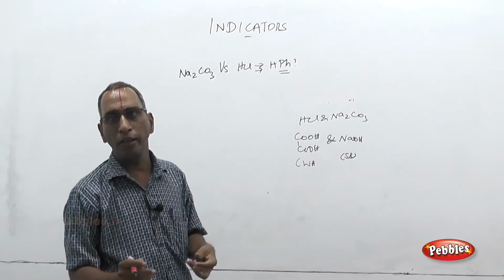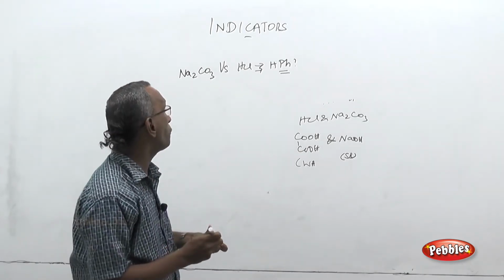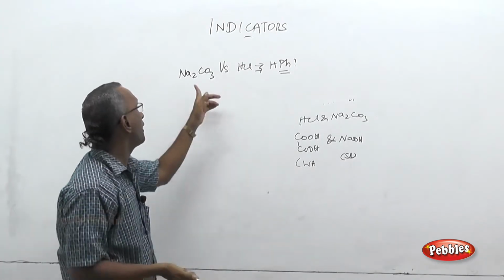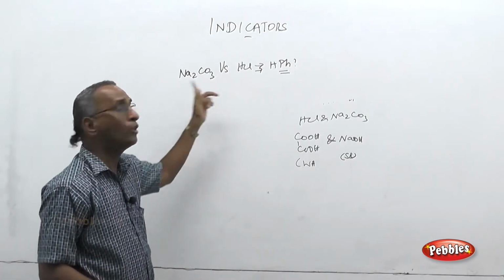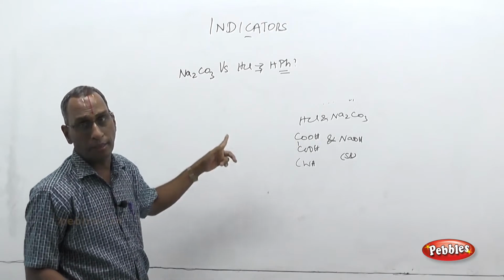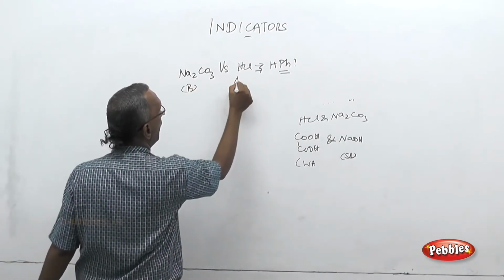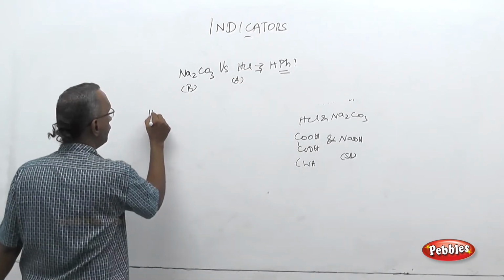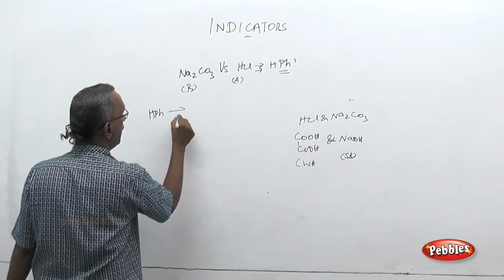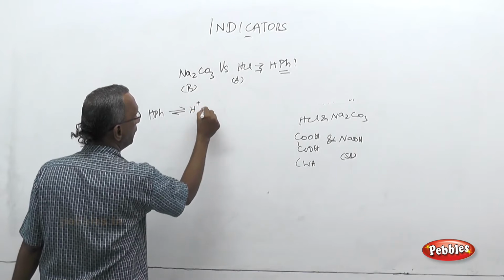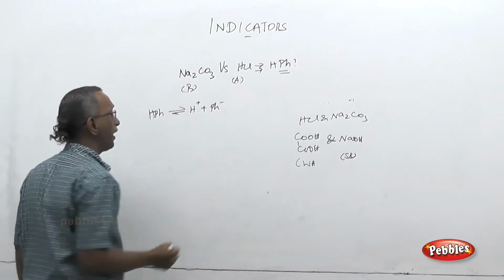So we are going to check whether phenolphthalein can be used for the titration between sodium carbonate and HCl. Sodium carbonate is a base, and HCl is the acid. We have seen that phenolphthalein dissociates into H+ and the phenolphthalein anion. It is a weak acid.